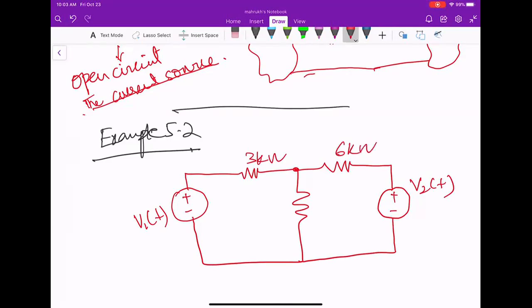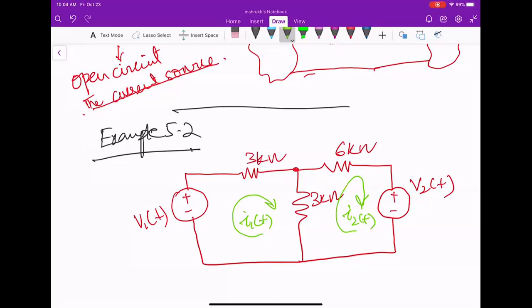The conventional way of solving this circuit is that I do mesh analysis like that. And I will have I1 of t and I2 of t, right? And I will solve it using conventional analysis.